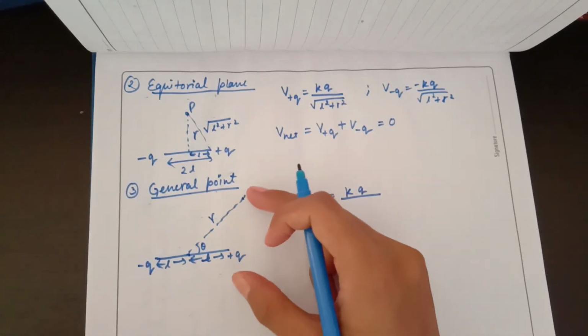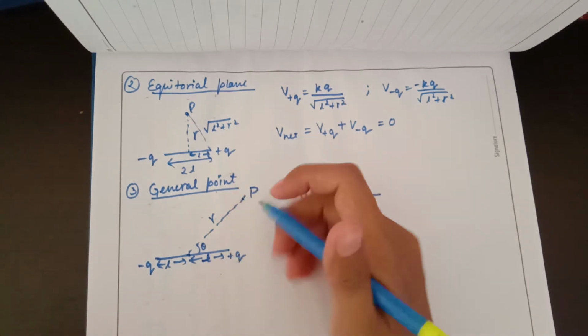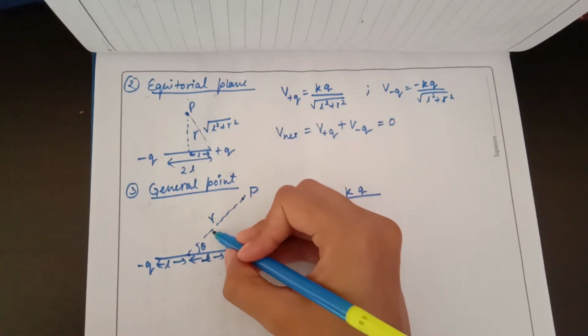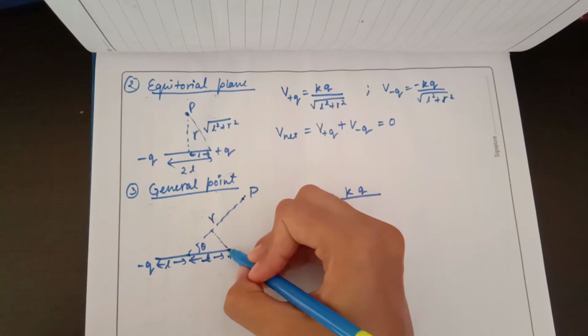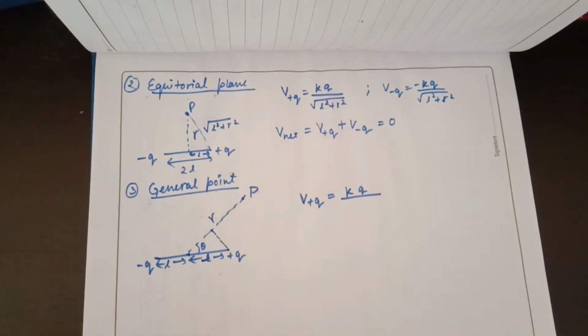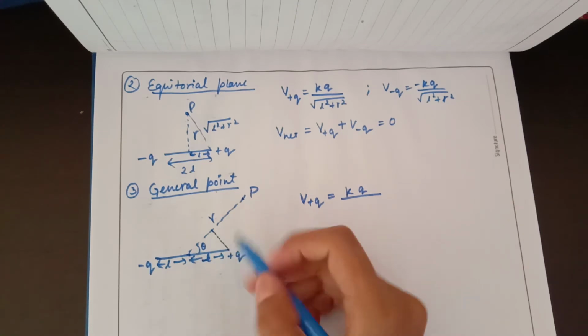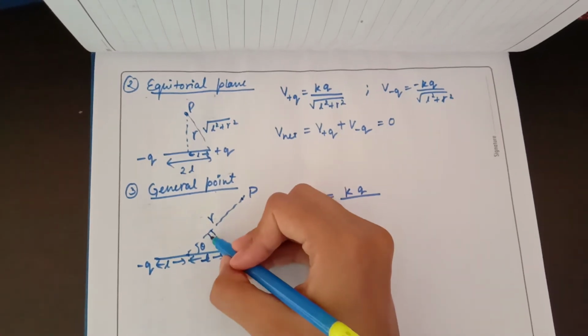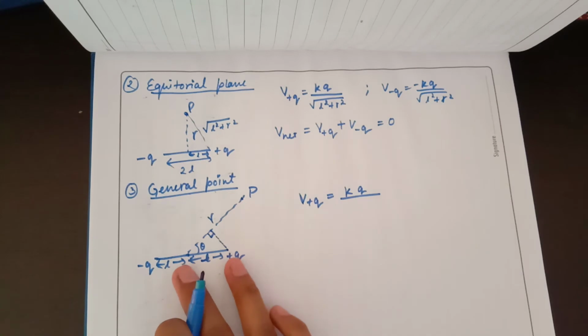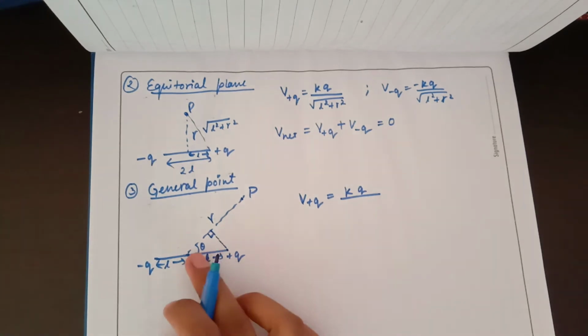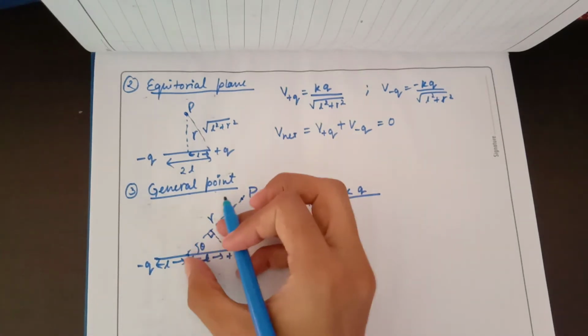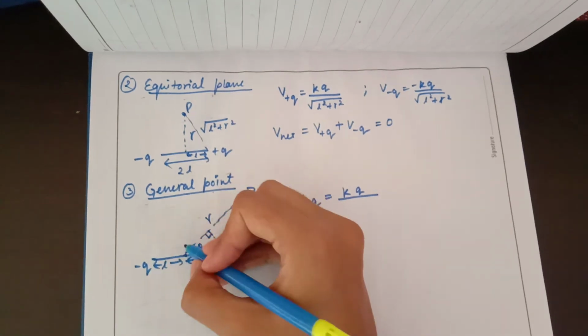To calculate this distance, I just put a perpendicular over it. As you know, this makes a right angle triangle. So if this length is L and this angle is theta, then this small distance will be equal to L cos theta.